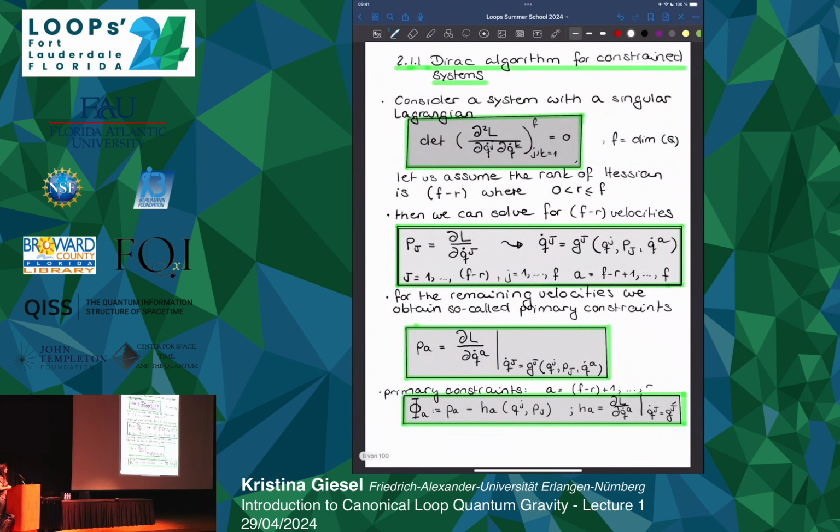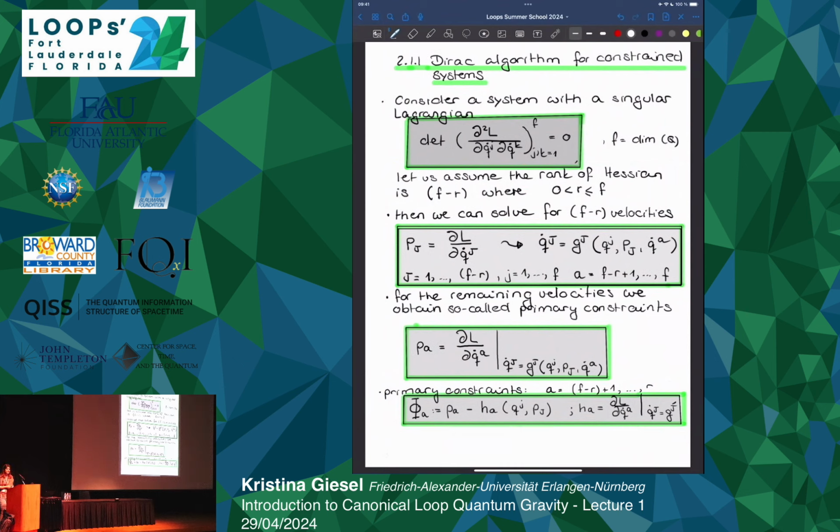So what do we do if we run into such a situation? Where we have a vanishing determinant of the Hessian of the Lagrangian function, we can look at the rank of this matrix, and let's assume that it is F minus R, where R is smaller than the dimension of the configuration space.